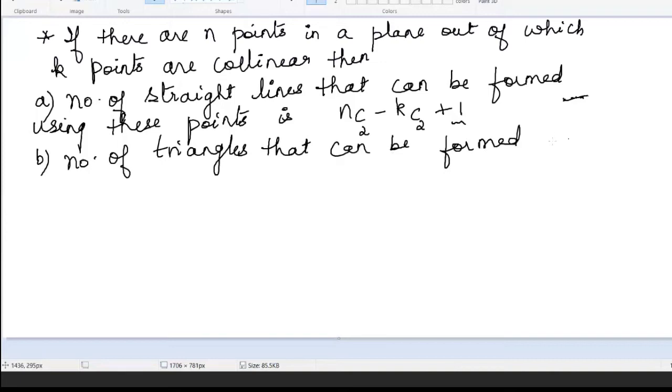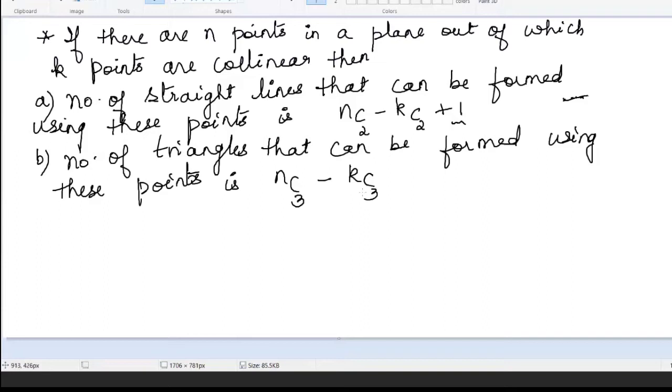Using these n points, the number of triangles is NC3 minus KC3. For a triangle I require 3 points, and there are n points in a plane, so NC3 will give me all possible triangles.